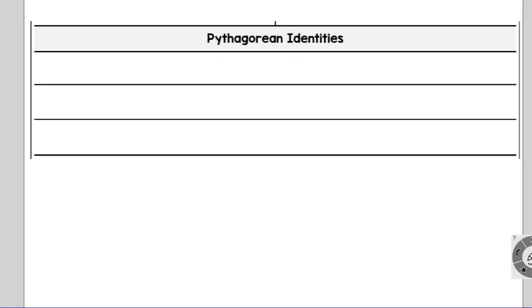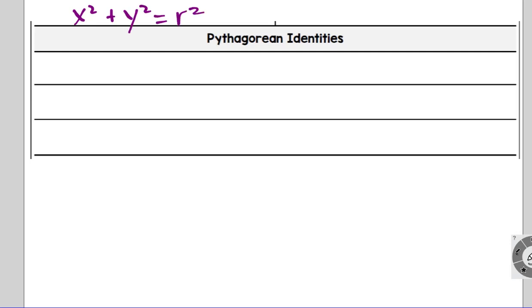And then there's the Pythagorean identities. We're already familiar with the Pythagorean identity. Normally we say a squared plus b squared equals c squared. Or in terms of x, y, and the radius, we can say x squared plus y squared equals r squared.